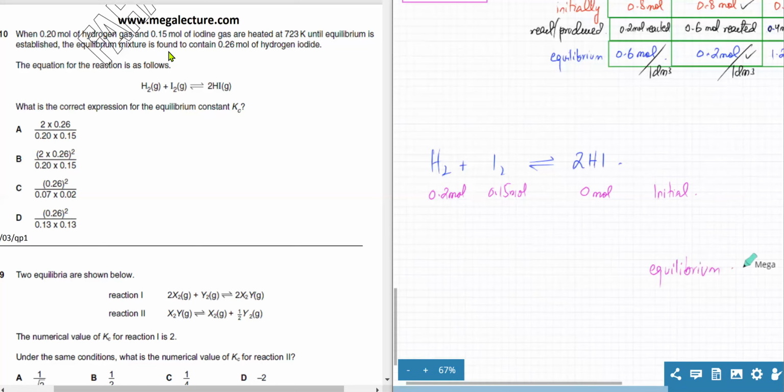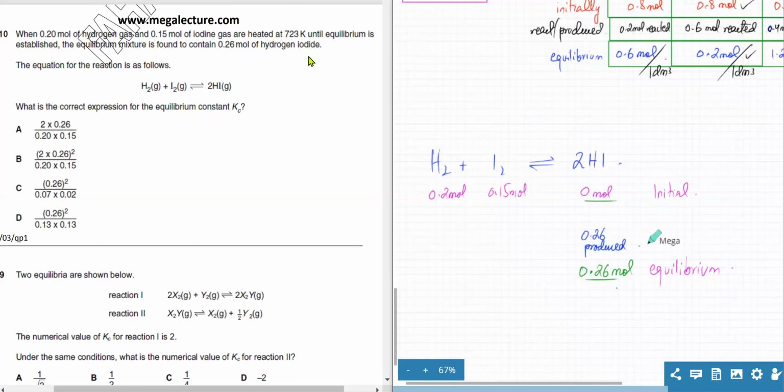Now you are provided with this information that at equilibrium it was found that 0.26 moles of HI, hydrogen iodide, were present. So at equilibrium you have 0.26 moles. You started off with 0 moles and now you have 0.26 moles. That indicates that 0.26 moles must have been produced in the reaction.